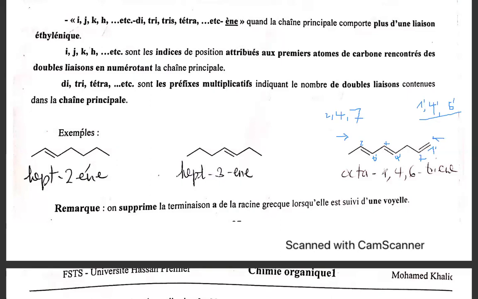The positions: at position number 1, position number 4, and position number 6 we have the triple liaisons.